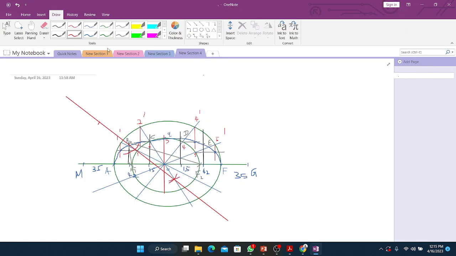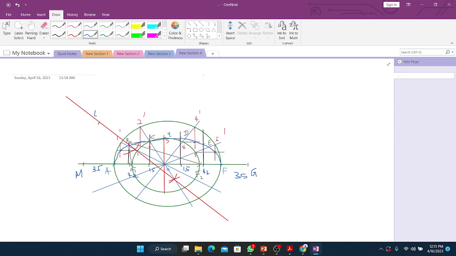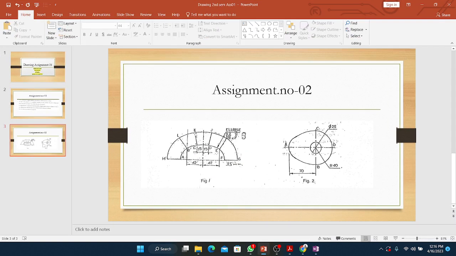Same way you want to follow to draw the others, K, J, H. In the same way, you connect C to F1 and F2, bisect that angle, and draw the normal. You can mark the K point.